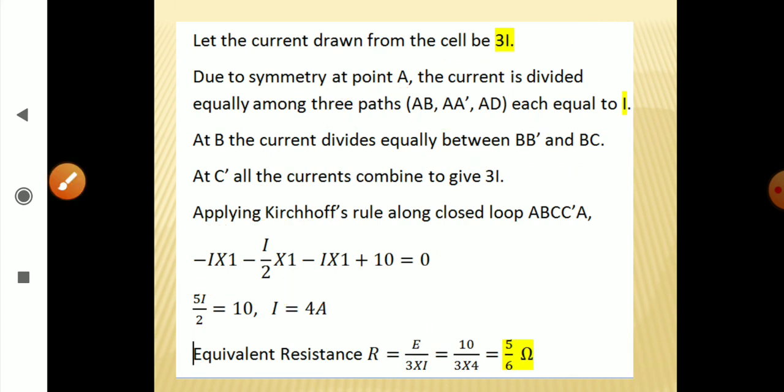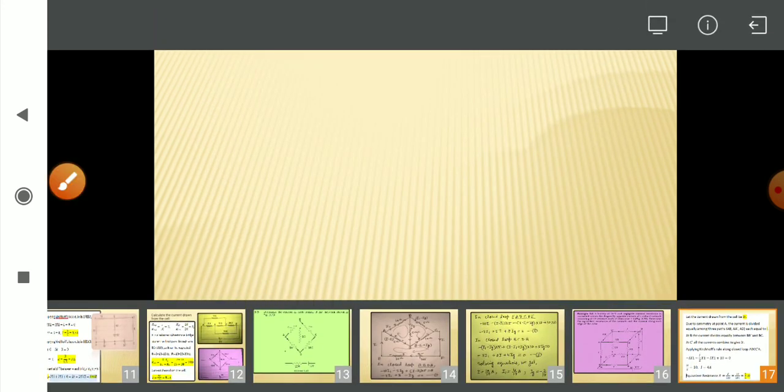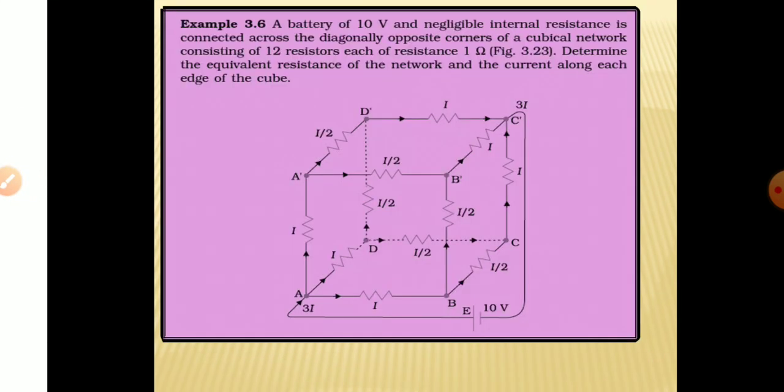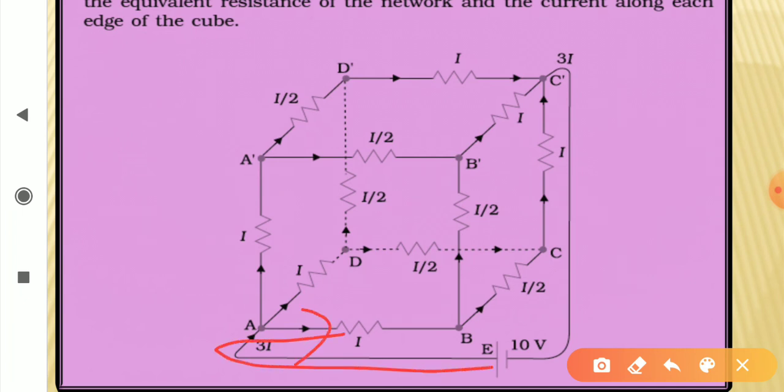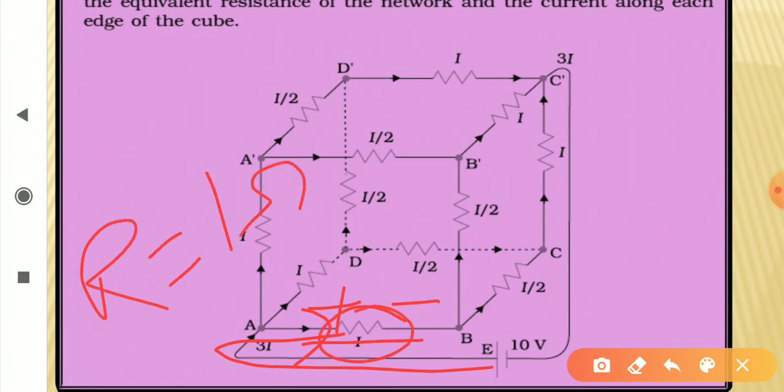Okay, let us get back to this figure once again. See, if we are moving like this, you see, potential drops from higher to lower. So you'll get minus I into 1, resistance R is equal to 1 ohm.